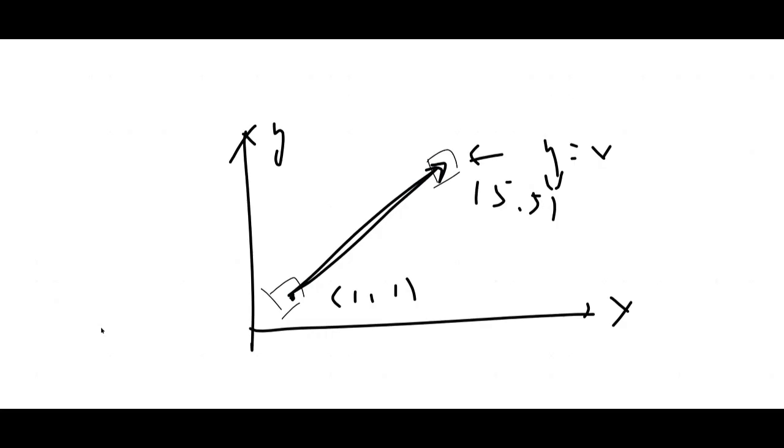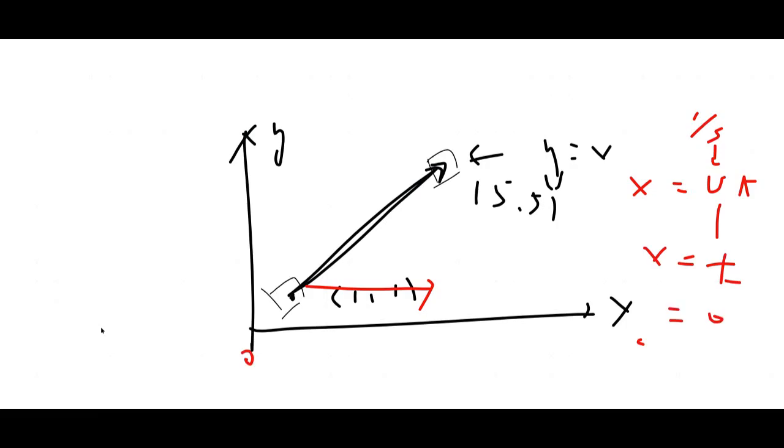Let's look at the x portion. You actually have x equals vt. Let's assume this v is 1 meter per second. So x equals t. When t equals 0, your x is 0. When t equals 1, your x is 1.